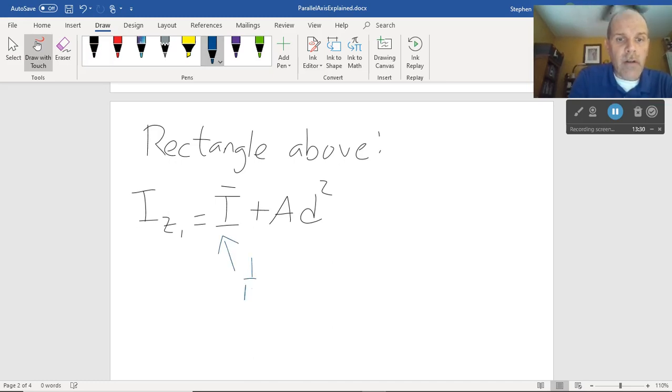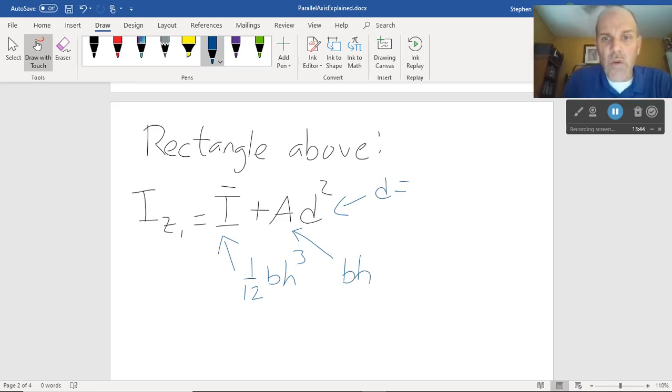Well, this moment of inertia is our familiar 1/12 bh cubed. This area is base times height. And d, I'll make sure I note that it's d and not d squared. Well, we moved it half the distance from the centroid to the edge, so it must be just h over 2.